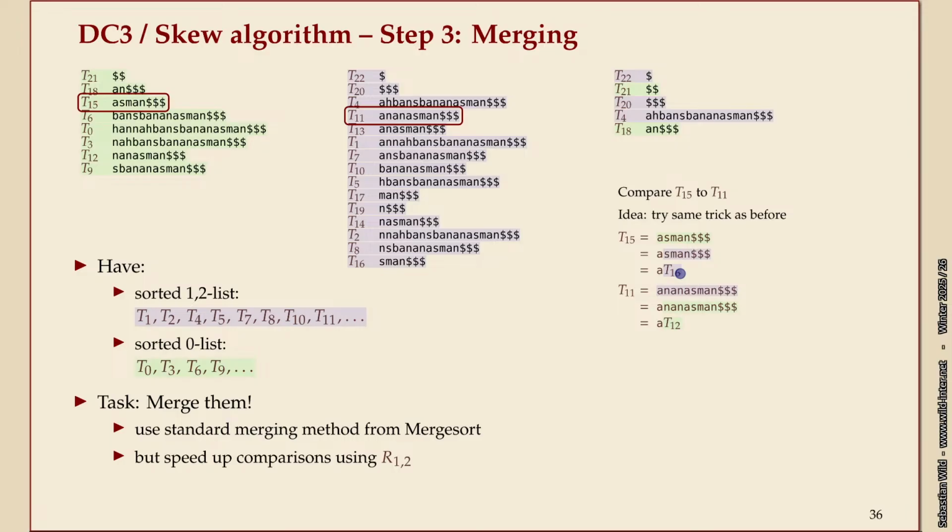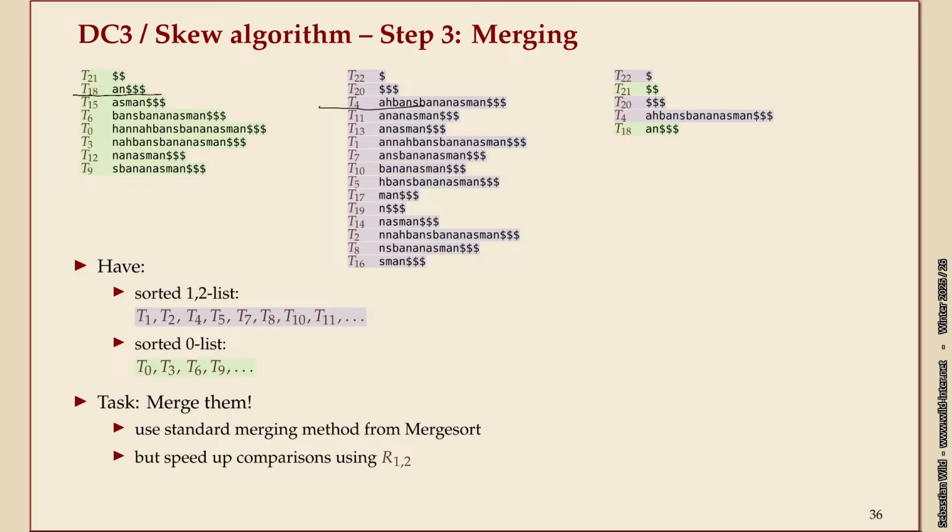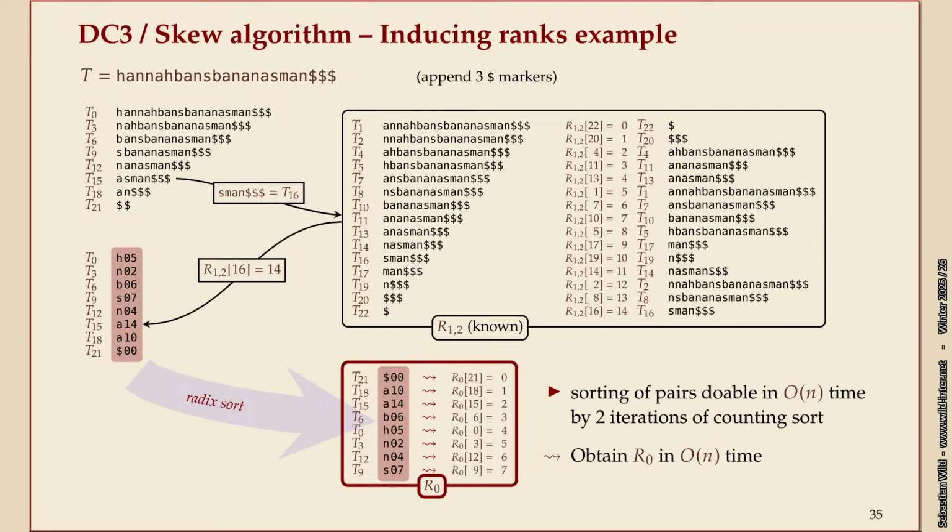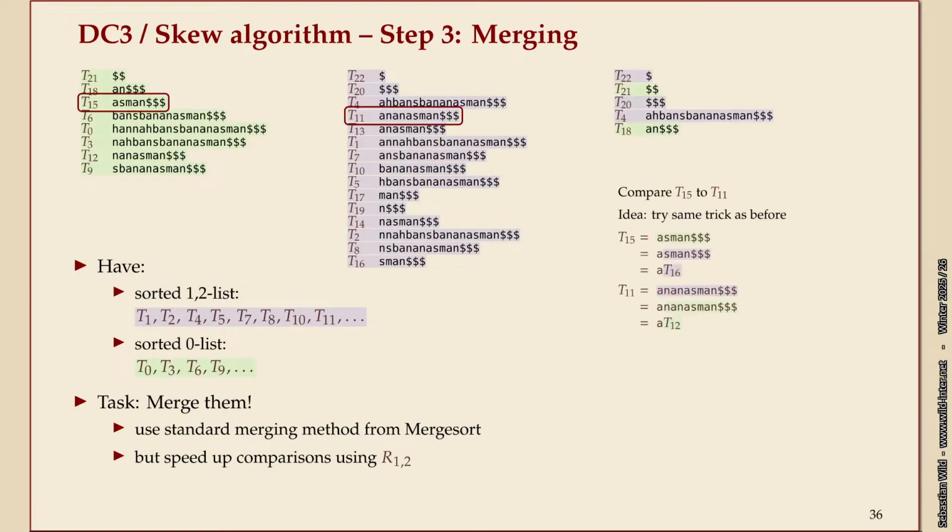So we can't directly compare their ranks, because, and this is maybe a subtlety I didn't point out, the ranks here in R12 and in R0 are local relative to this collection of the data. They go from 0 to 14 here and from 0 to 7 here. So if you take numbers, one from here and one from here, they have no meaning, right? So that doesn't work. And so it seems that trick fails.